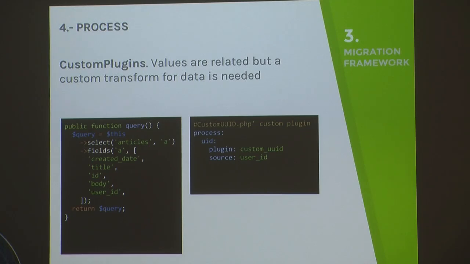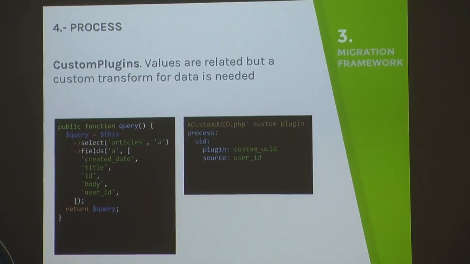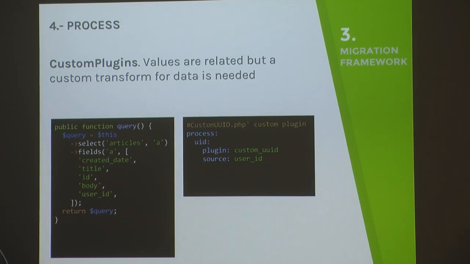And as you asked before, a custom plugin. I need to use my own code to migrate this field. I use this example. This is not the right example, but it's very clear to understand. Plugin custom UUID and source user ID. In my previous database, I have the universally unique ID, and in Drupal 8, I need only one number, the ID, the user ID.